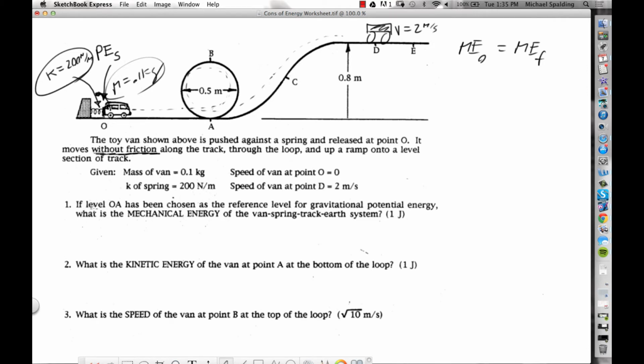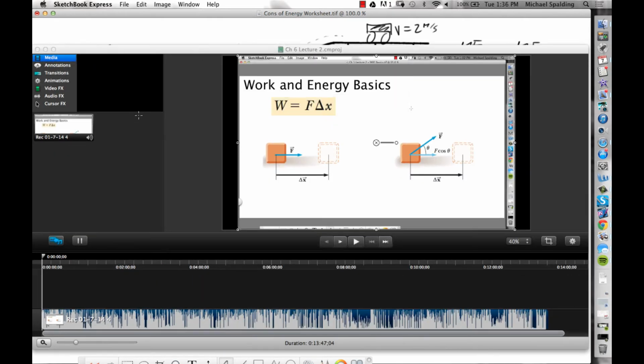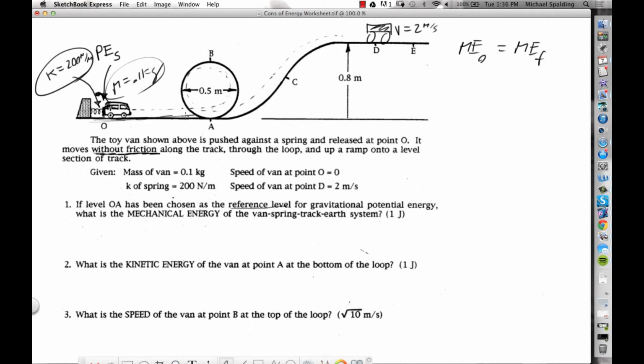Now, number one, if the level OA has been chosen as the reference level, I call it the 0 point. Mr. McGehee wrote this. So what does he mean by reference level? That's the 0 point. So he's saying OA, this level right down here, is our h equals 0.